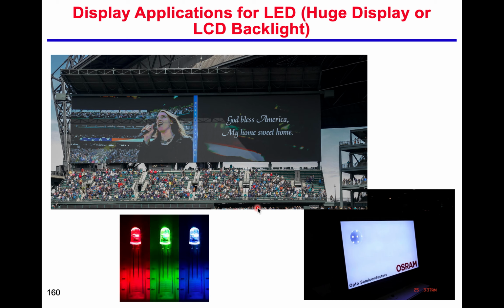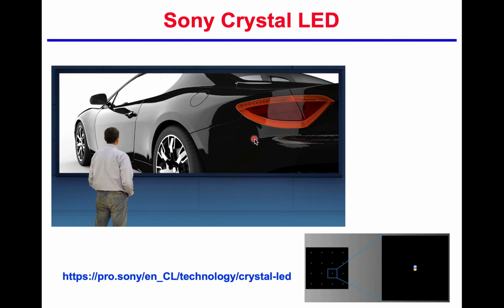Okay, so another thing is for the huge display, and as we can see here, it is very large, but if we look very close, we can see lots of dots because the resolution is not high. So that was first proposed by Sony, and then Samsung also has lots of products, or at least demonstrations about that.